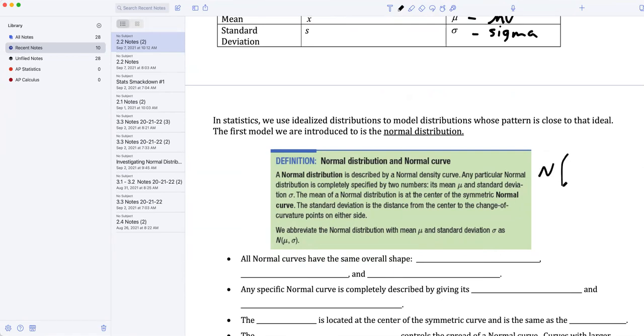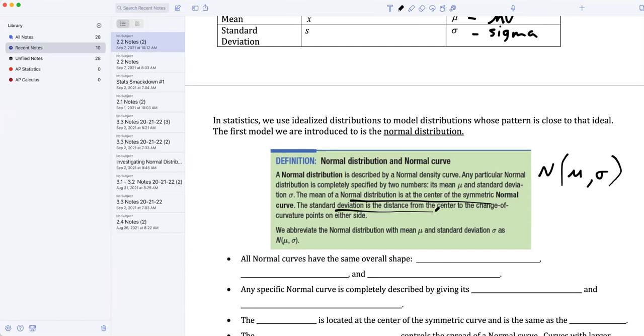I have N standing for normal distribution, and then I have mu, and I have sigma, okay? Written like that. The mean of a normal distribution is at the center of the symmetric normal curve, and the standard deviation is the distance from the center to the change of curvature points on either side.